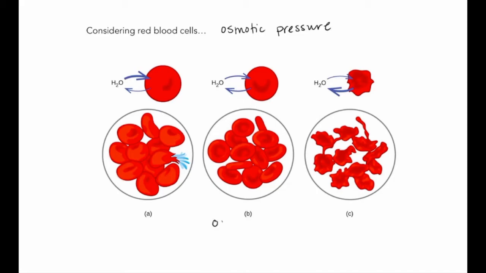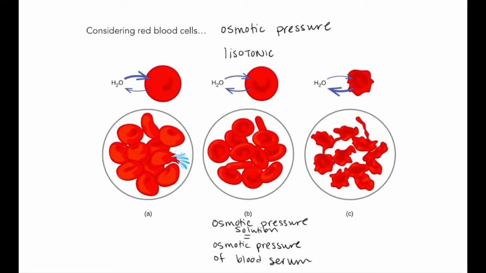So if the osmotic pressure of the solution is equal to the osmotic pressure of the blood cells, the blood serum, maybe it's not quite the cell, then we end up with an isotonic solution.